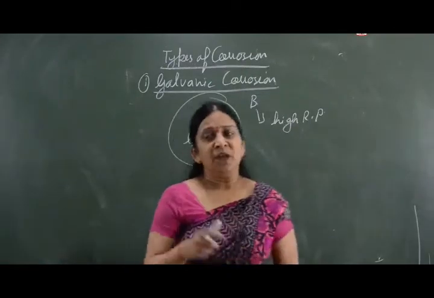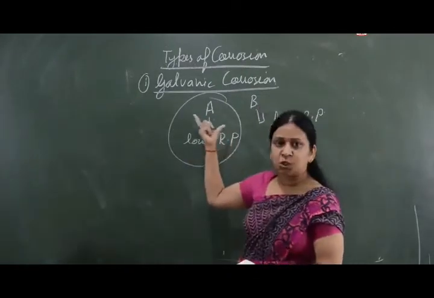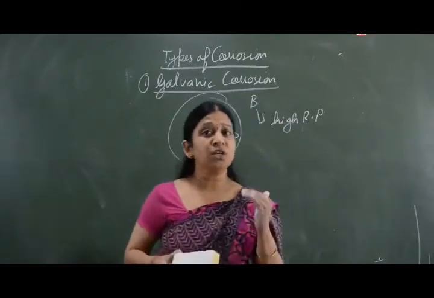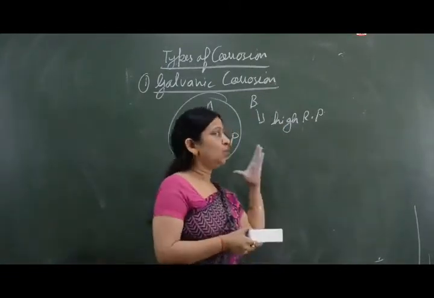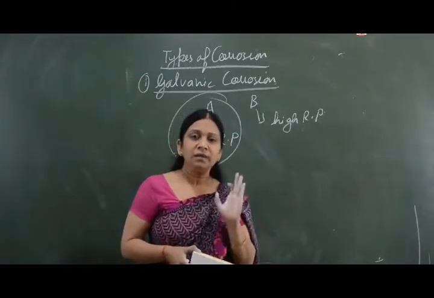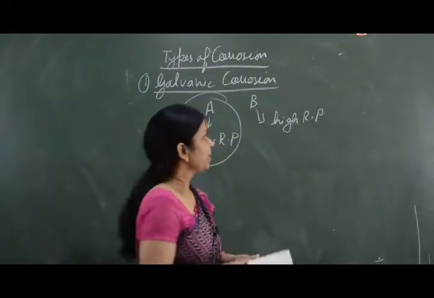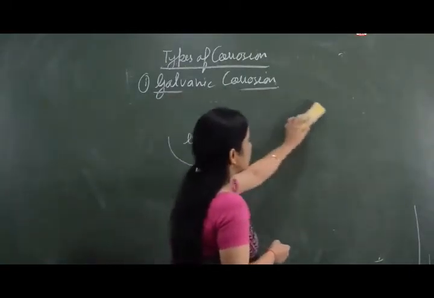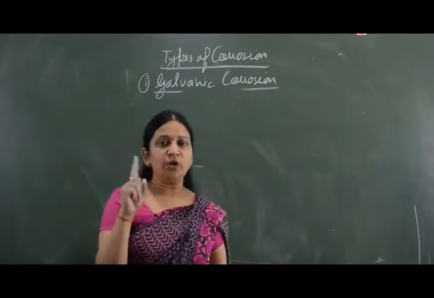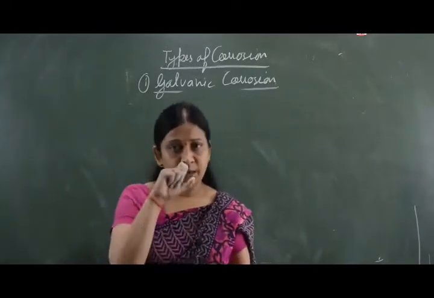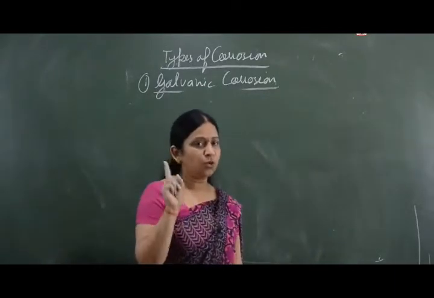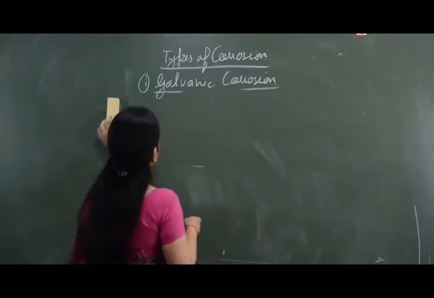Secondly, if the electrode potentials of these two metals are very different, then the rate of corrosion is high, and if the reduction potentials of these two metals are close by, then the rate of corrosion is less. So this is galvanic corrosion, and it depends upon the electrode potential of the metal. If the two metals are in contact, the metal which has lower reduction potential will be oxidized.